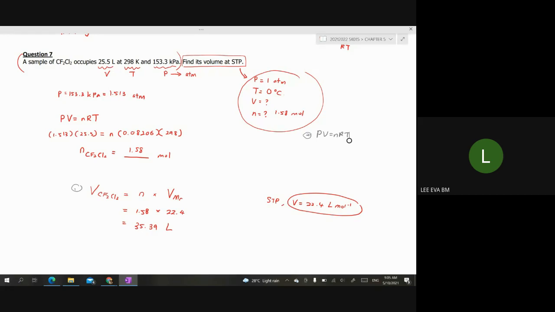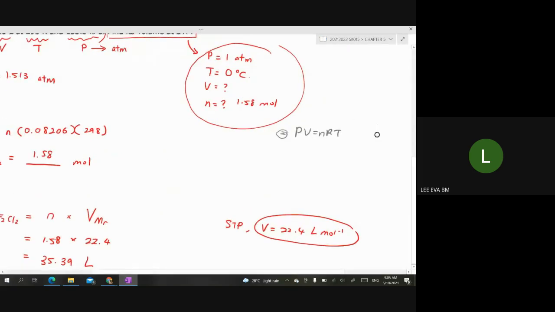Madam, macam mana guna PV=nRT yang kedua tadi? Substitute saja value awak. Okay. Jawapan dia lebih kurang sama. So let's say 1 atm over here, then volume is what we want to find, isn't it? So 1.58. Okay. Lepas tu masukkan awak punya gas constant.